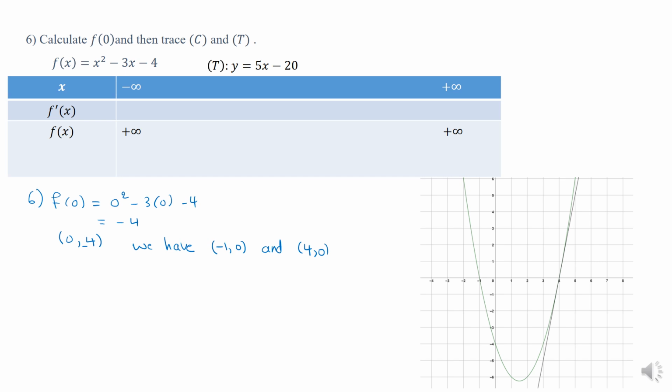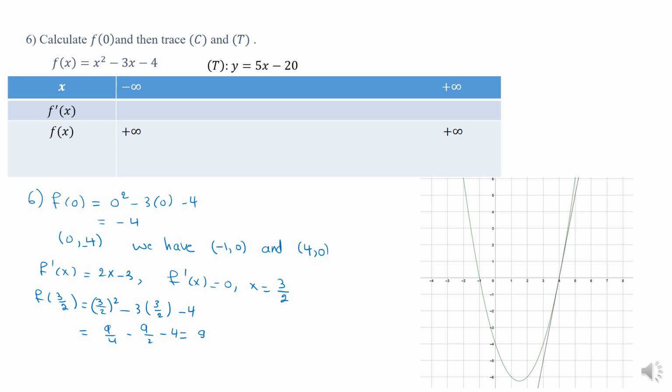We go to f prime of x. It's 2x minus 3, to see the minimum or maximum. So if f prime of x is 0, x is 3 over 2. f of 3 over 2 is equal, this is calculated before, (3 over 2) squared minus 3 times 3 over 2 minus 4, which is 9 over 4 minus 9 over 2 minus 4.